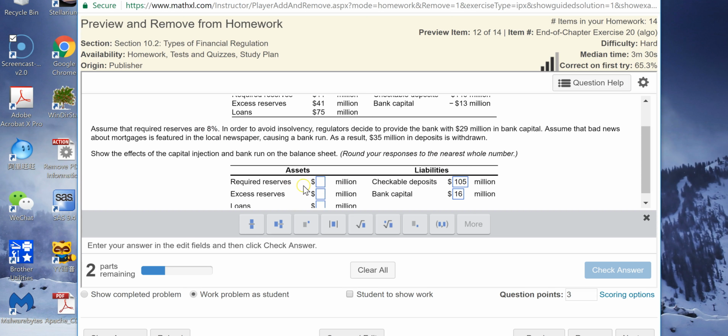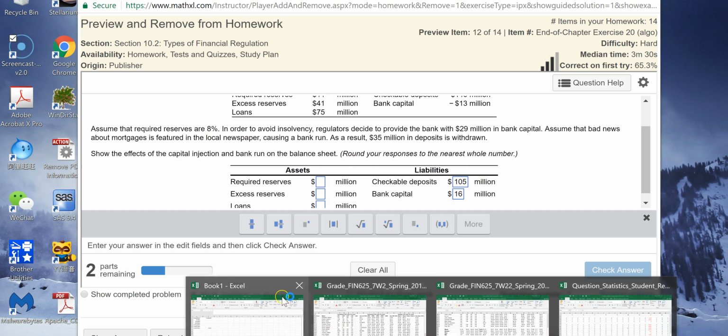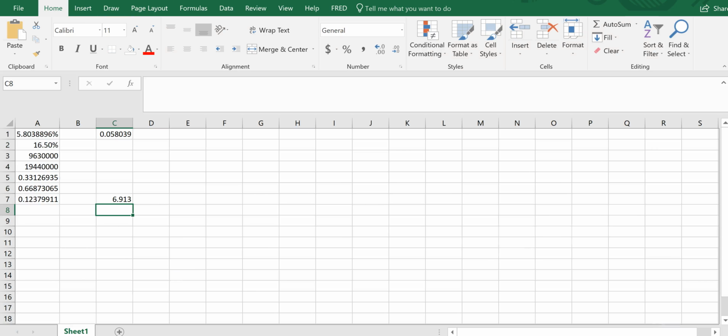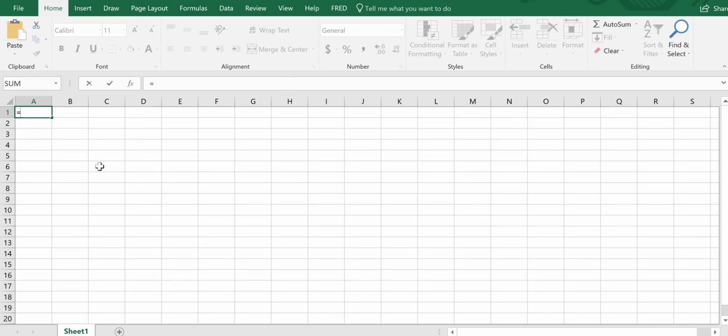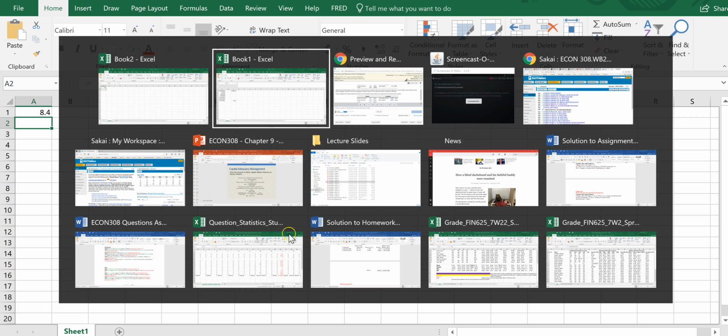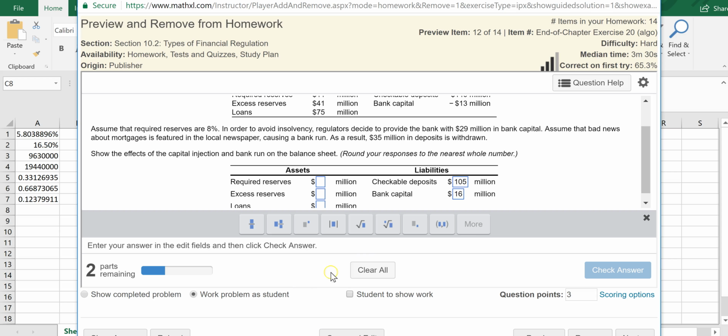And then required reserves is a percentage of the new checkable deposits, and the required reserve ratio is 8%. So the required reserves will be 8% multiplied by 105. Let me use Excel, get that number, 105 times 8%. So we have to note the rounding requirement. You can see that here, round your responses to the nearest whole number.